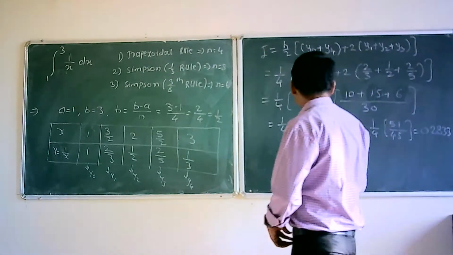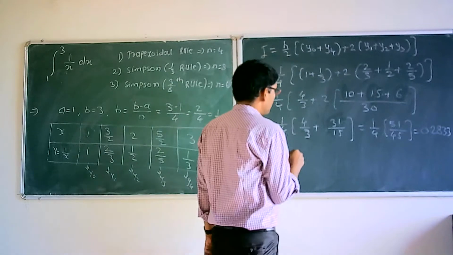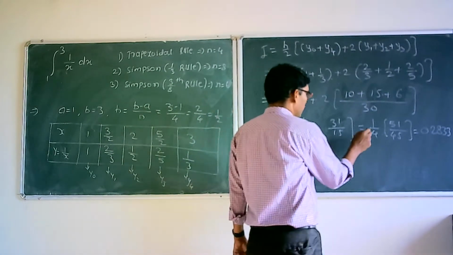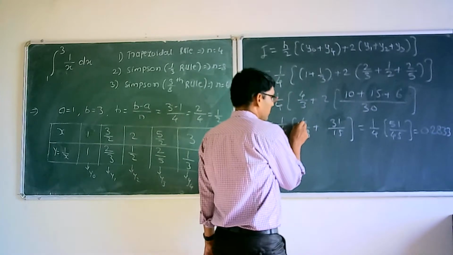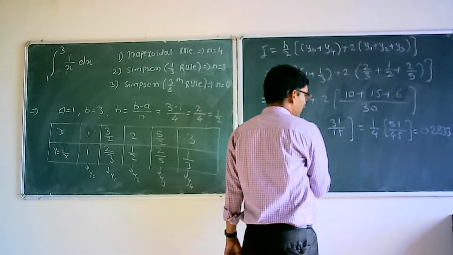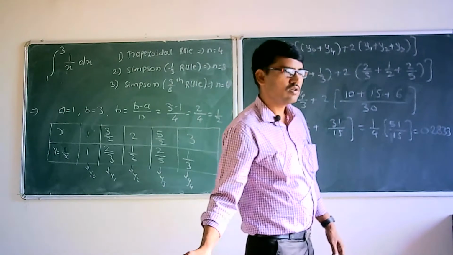Let me check the calculation here. I think we made a mistake here. Here we multiply by 4 5, so 20 plus 31 is 51, divided by the LCM, which is 15.